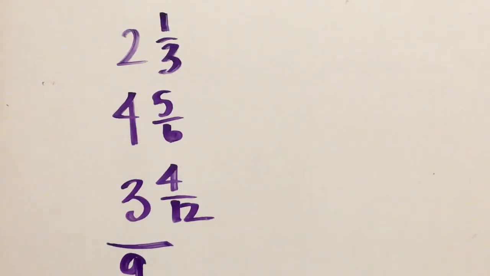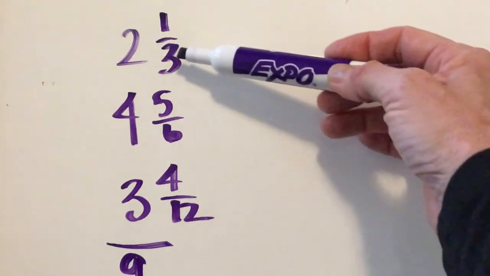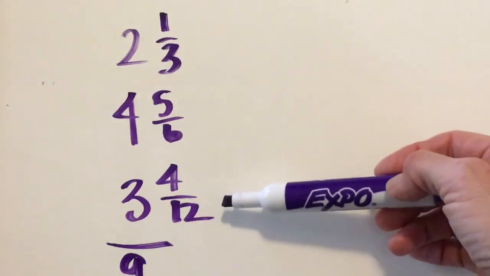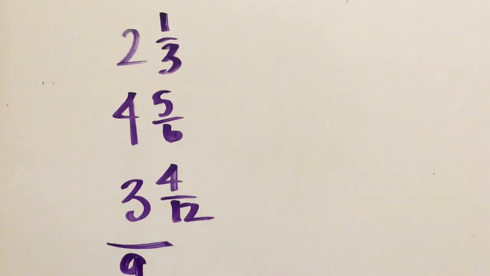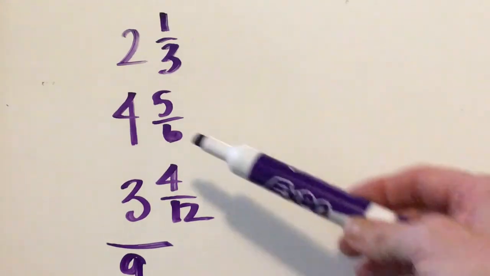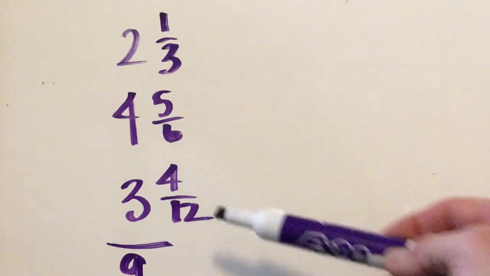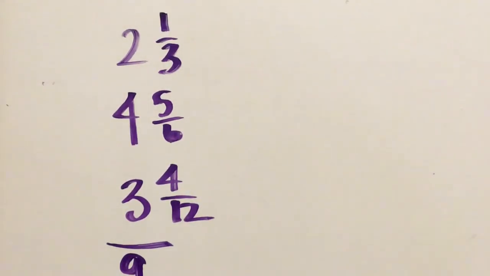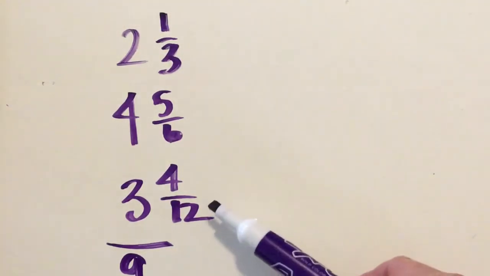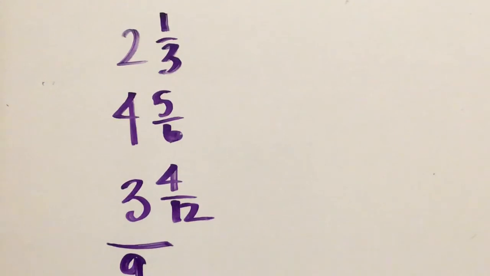So I know that 3 has 12 as a multiple because I could go 3, 6, 9, 12. I know that 6 has 12 as a multiple because I could go 6, 12. And then, of course, 12 is a multiple of 12.